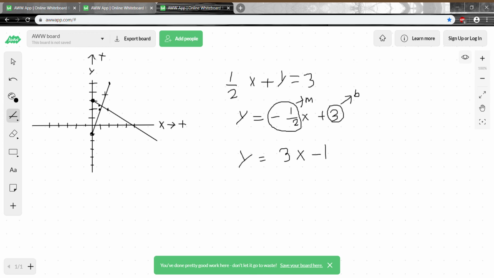Okay, so now that we've learned those basics, we are going to talk about point-slope form. So, if we know, I have a gap in my notes. Let's see.